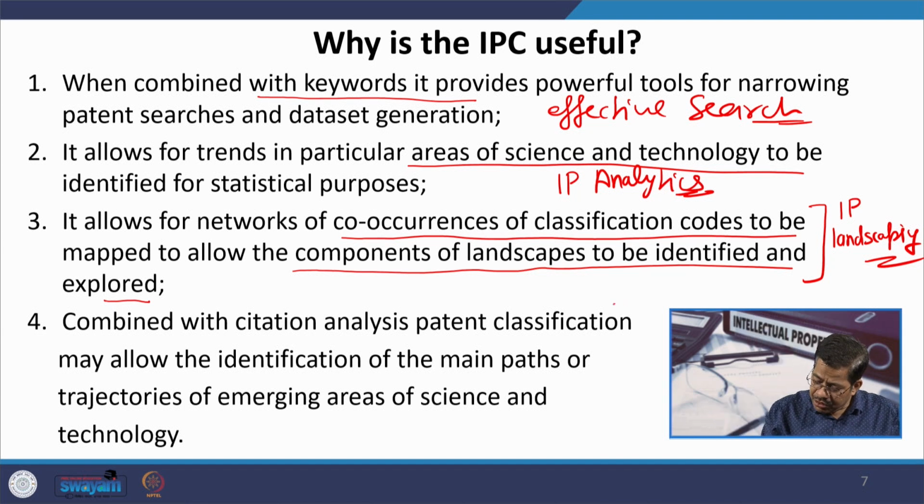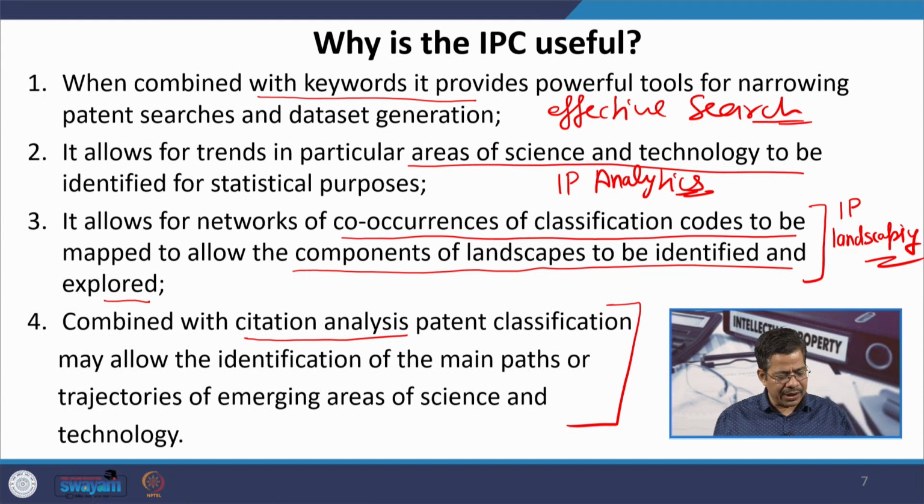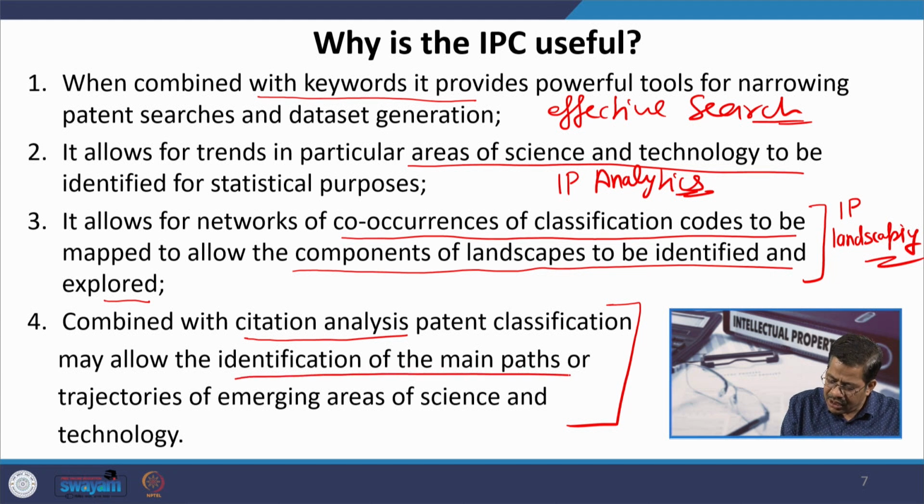We also discussed in one of the sessions the value of quality versus quantity. Citation analysis of our patents is a very important criterion to know the quality of our IP, and citation analysis and patent classification can help us in identifying the main paths or trajectories of emerging areas of science and technology.